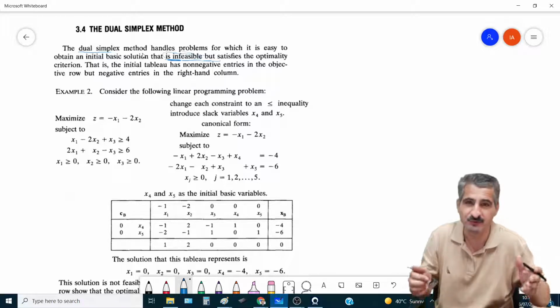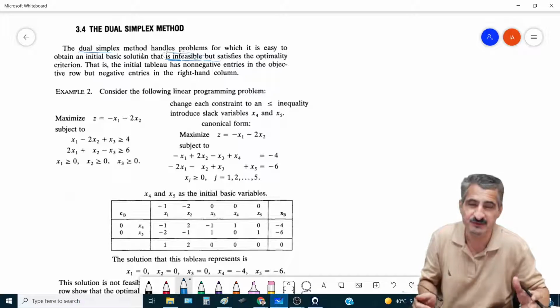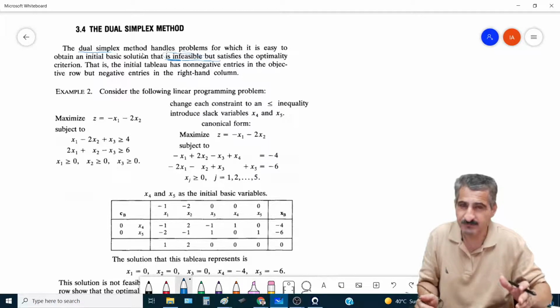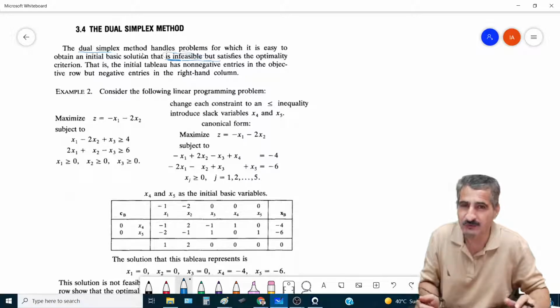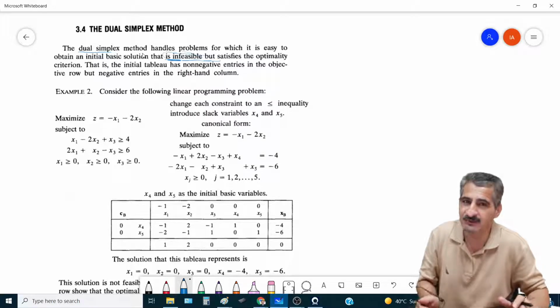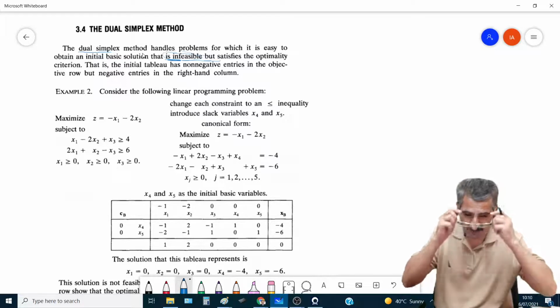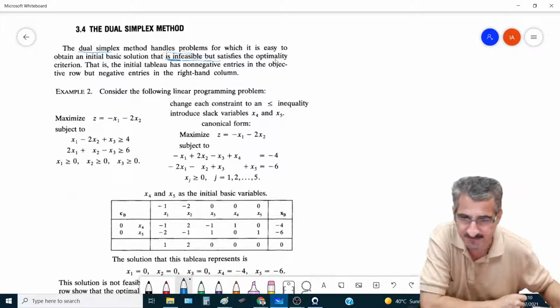So we have to do some work to get an initial feasible solution. Now we are saying here, if it is easy to get a solution, but it is infeasible, then we can use the dual simplex method. It will help us in such a case.